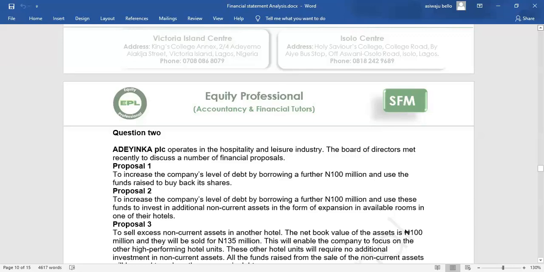Our last class, we looked at the concept of financial analysis.